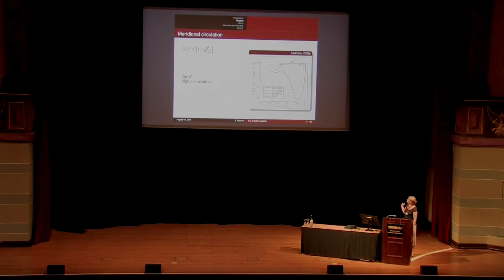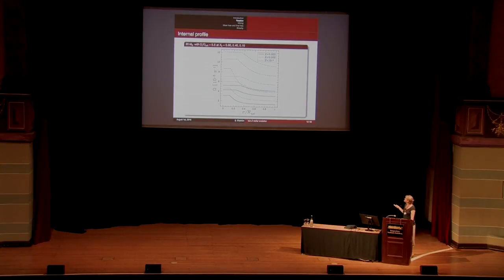But then, when you go to lower metallicity, this term becomes high, and so it weakens a lot the strength of the circulation. Because of this, you expect that the internal profile of your rotation will be much steeper.